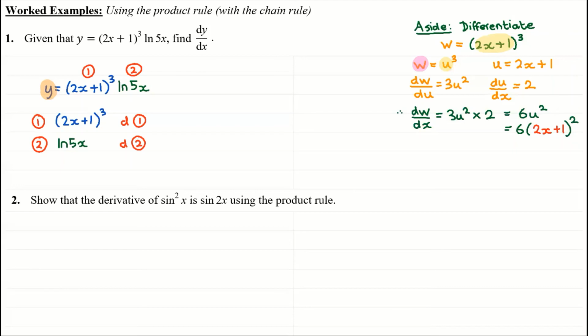Now, when you get confident with the chain rule, you might want to just differentiate all of this by sight. So you can anticipate that the u is going to be the 2x + 1. So you could think of that in your head as u cubed. You know the derivative of u cubed would be 3u squared. And then you just put all that back in.